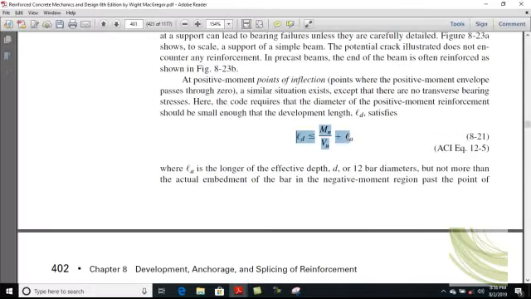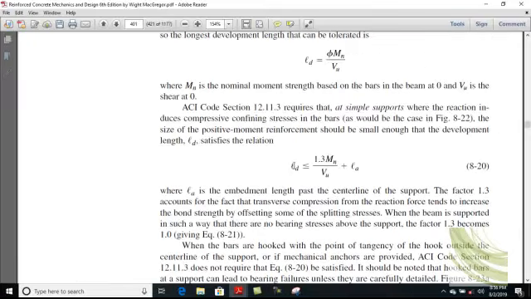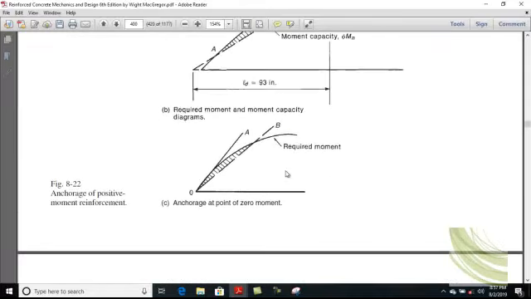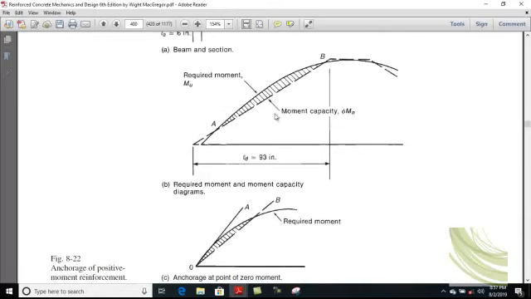So this kind of check will be used for, this is for inflection point, and this will be for simply supported beam. Clear? I also discuss this problem because if you draw your tangent line from A to B, and this shaded area, this is the actual moment diagram, so your actual moment diagram is now outside your strength moment diagram.